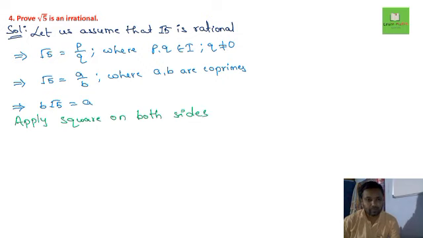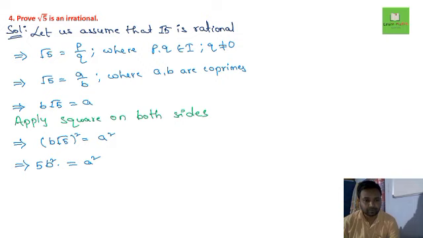If you apply square on both sides, then we get the equation in the form of b into root 5 whole square is equal to a square. Therefore, b square into 5, or 5b square, is equal to a square. This you have to consider as equation number 1. So, what does it mean?